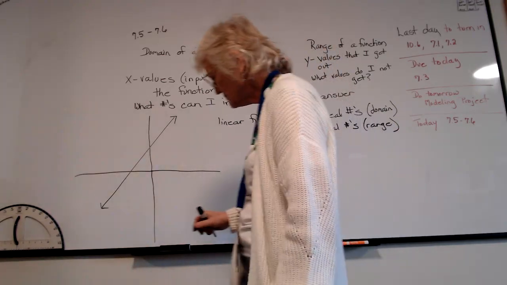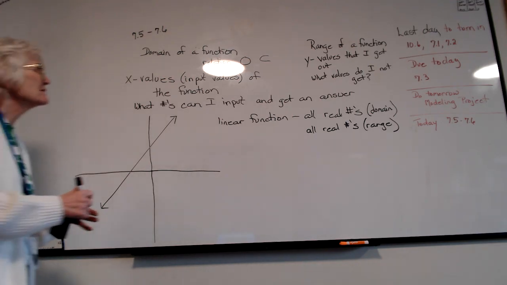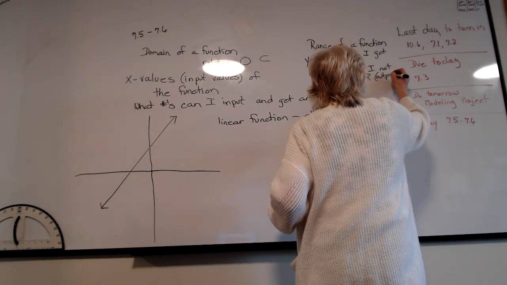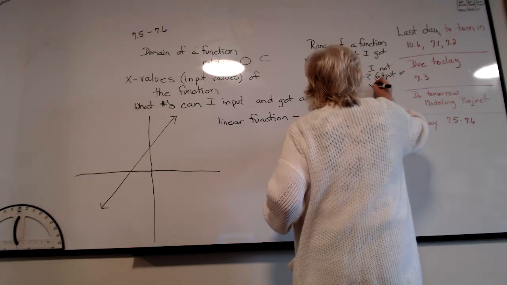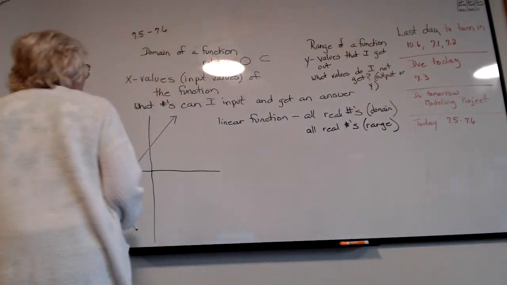Domain is what numbers I can put in that I'll get an answer. Range is what numbers I will get out, which is the output, or y.